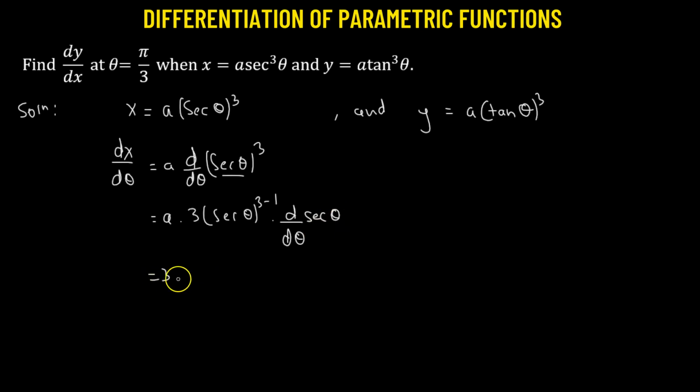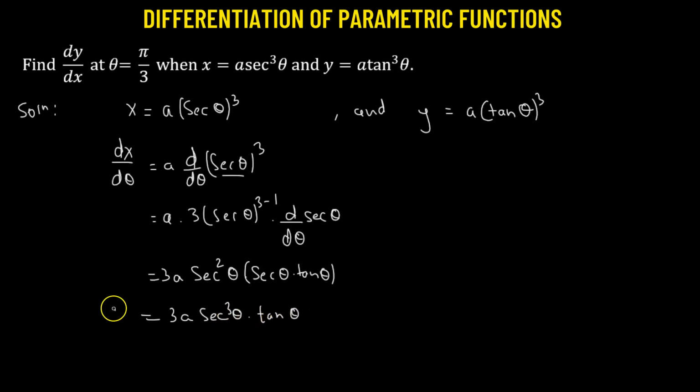This is going to give us 3a multiplied by secant squared theta times the derivative of the secant function, which is secant of theta times tangent of theta, and that gives us 3a multiplied by secant cube theta times tangent of theta. This is the value of the derivative of x with respect to theta. We'll label this as equation number 1.